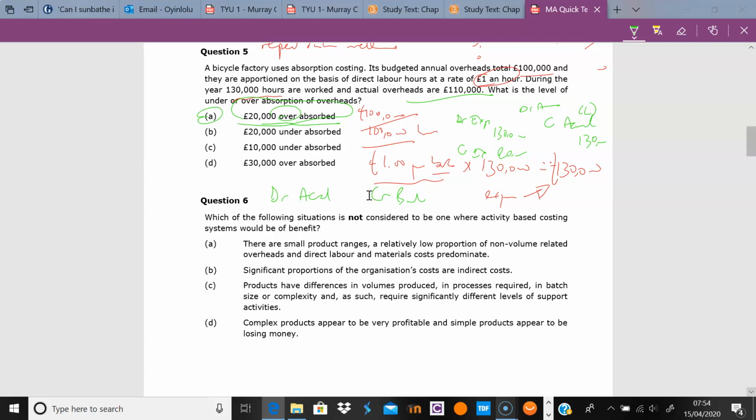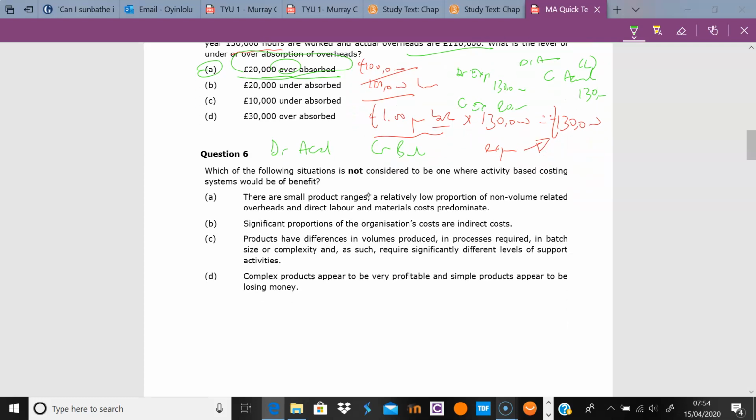Question 6. What I'm going to do with question 6 is pull it out a little so you can see what's going on here. I talked about the evolution of dealing with overheads. We used to argue that big volumes were driven by units, because volumes equate to units. This was the traditional case.